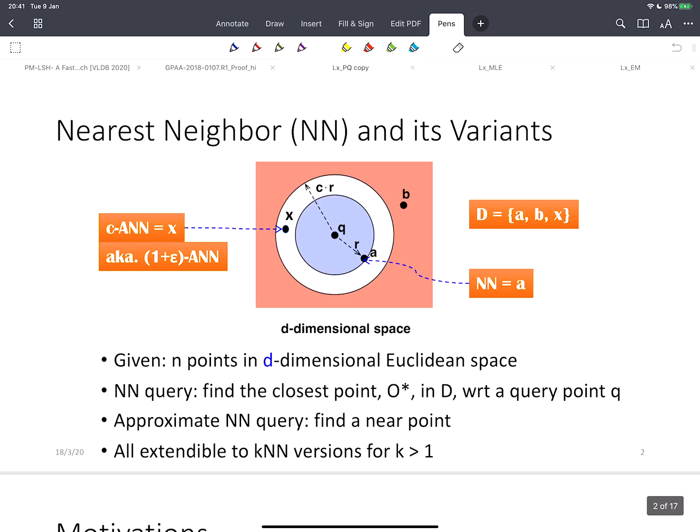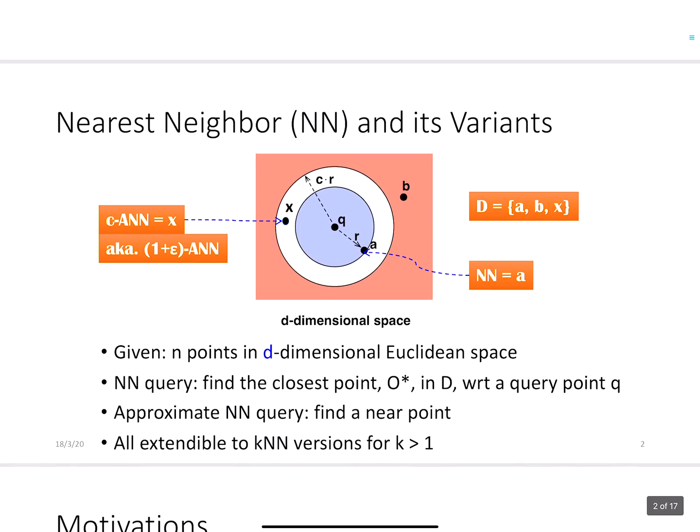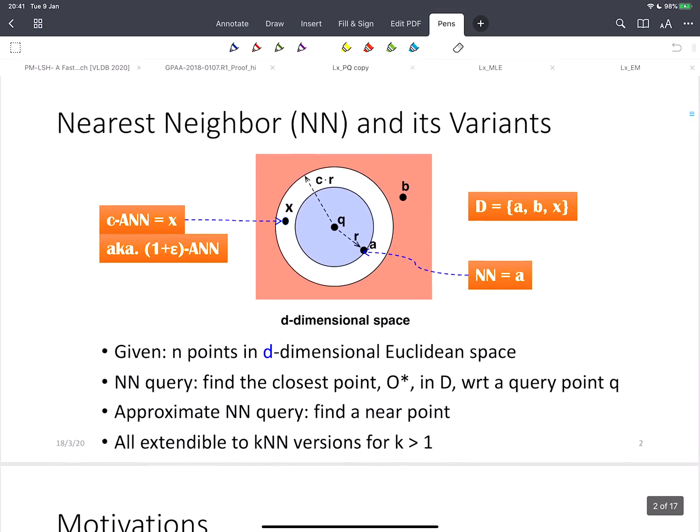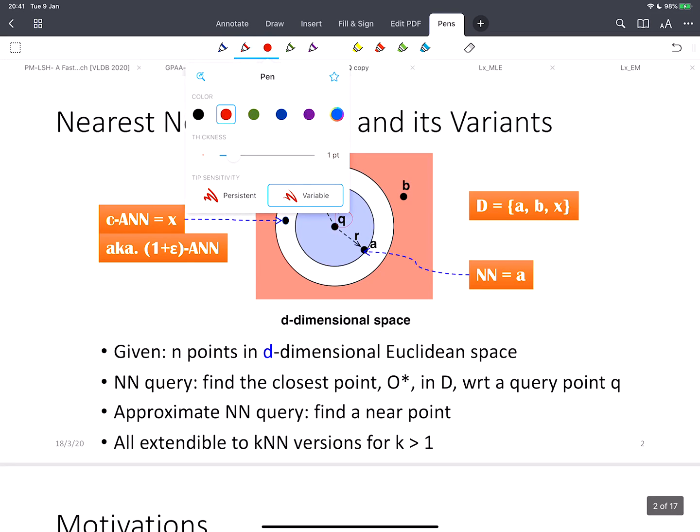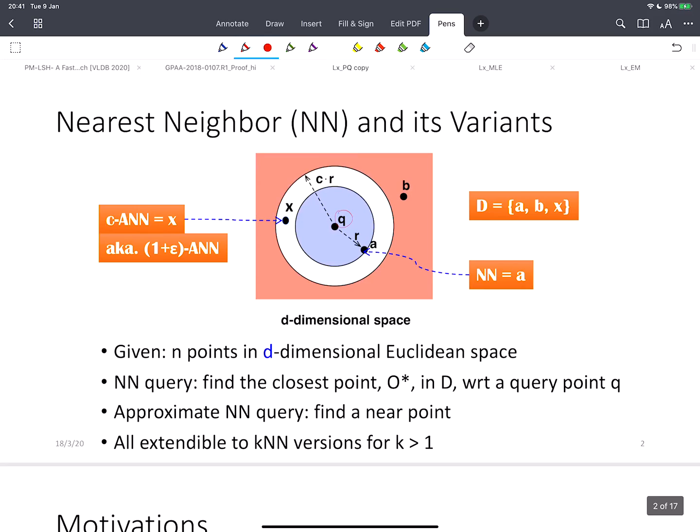So let's assume that it's a two-dimensional space just like this, and we have a query Q. What we need to do is, there are a bunch of other objects, let's say x, A, B, three data points.